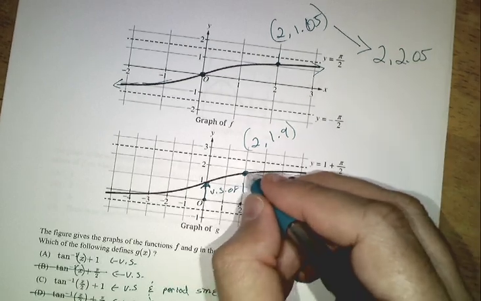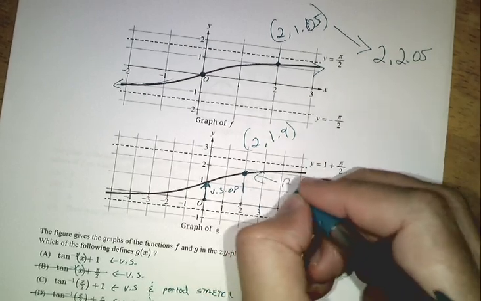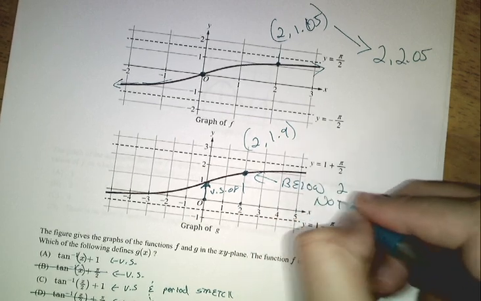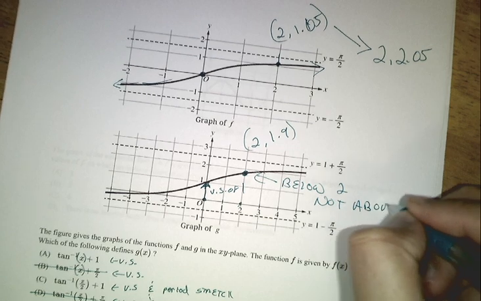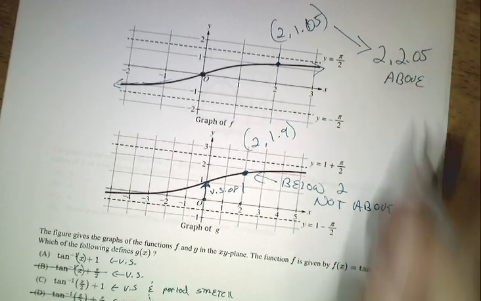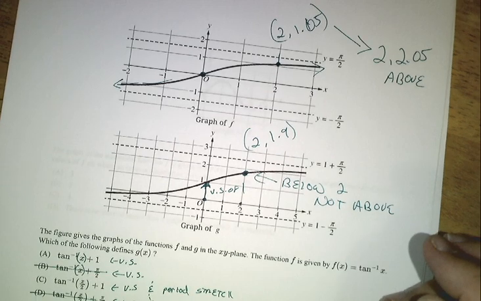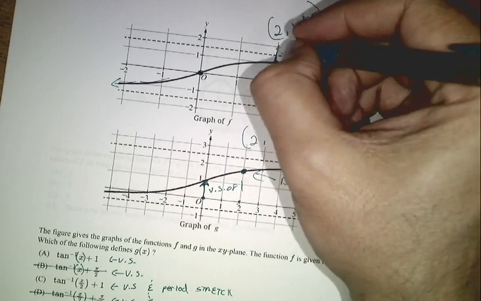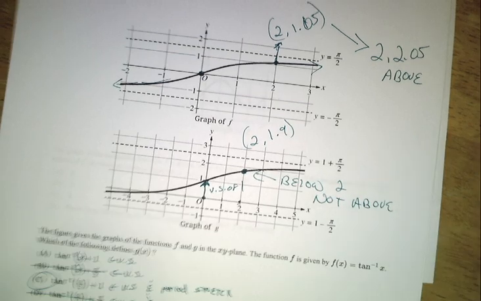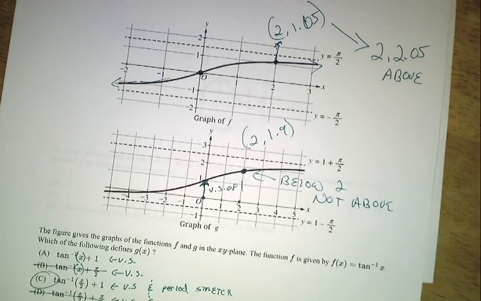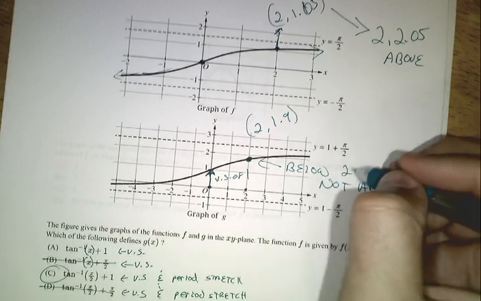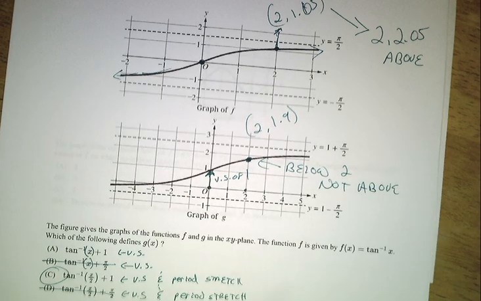But if we look at it, it is actually below 2, not above it. This would be above the 2 mark, because we had to give a vertical stretch of 1. So there was a stretch involved, which means it has to be C. It has to be C because there's definitely a stretch involved, because this changed differently than just a vertical shift.